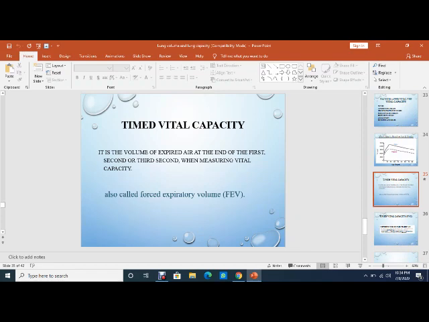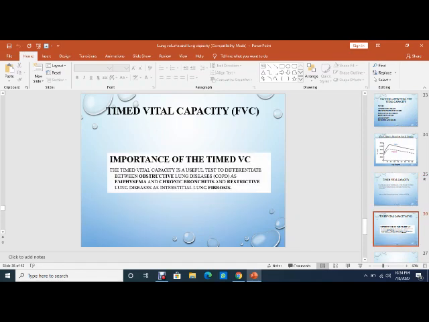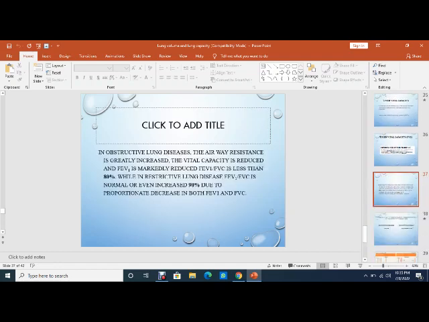It is also called forced expiratory volume. Importance: timed vital capacity is a useful test to differentiate between obstructive lung disease, for example chronic obstructive pulmonary disease such as emphysema and chronic bronchitis, and restrictive lung disease such as interstitial lung fibrosis. In obstructive lung disease, the ratio is reduced to about 80%, while in restrictive disease it is about 90%.